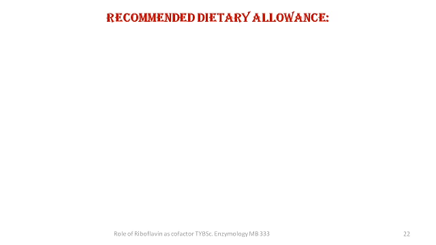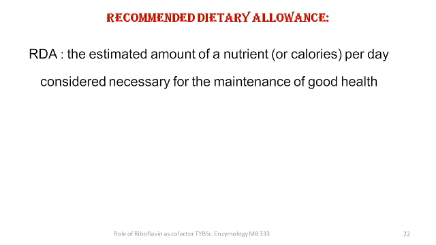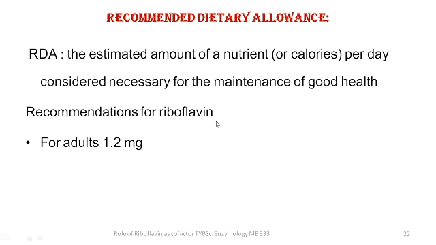The recommended dietary allowance can be defined as the estimated amount of the nutrient, in this case riboflavin, per day, which is considered necessary for the maintenance of good health. So the recommended dietary allowance for riboflavin for adults is 1.2 milligrams per day in our daily diet.